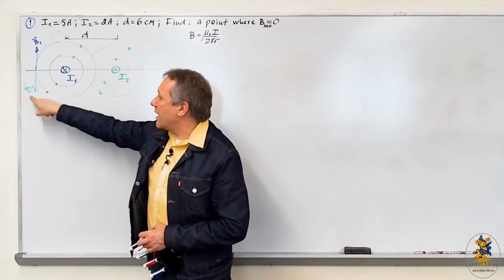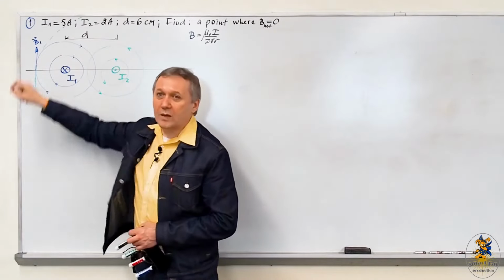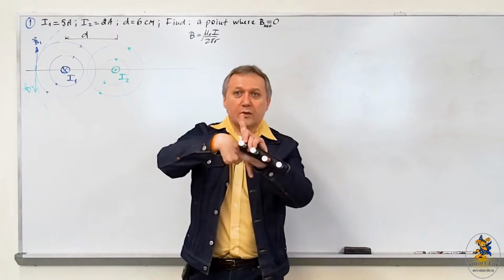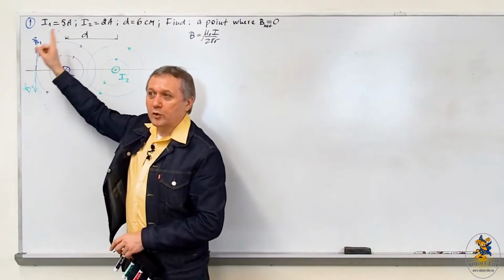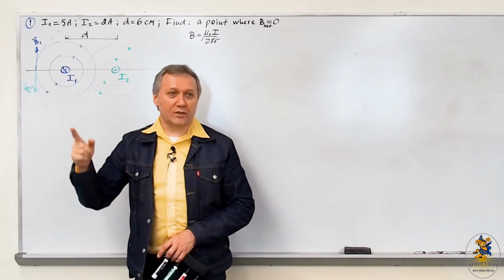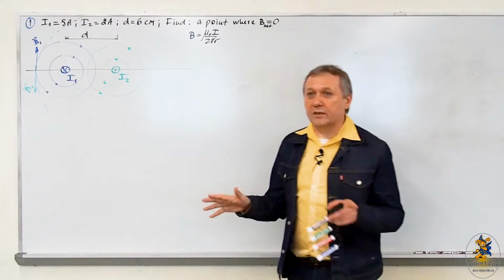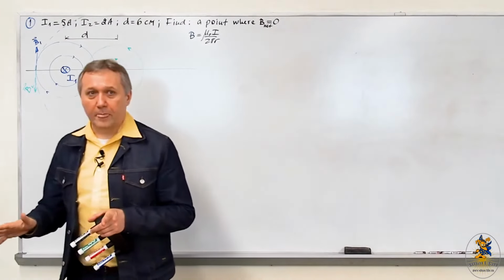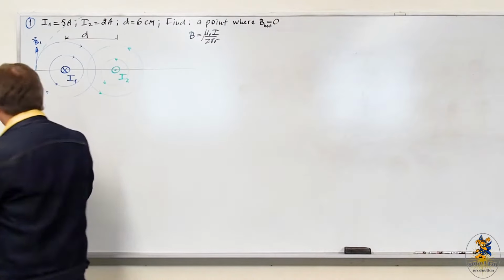So B2 is going to be smaller than B1, although they are in opposite directions. B1 is going to be all the time larger than B2. So cancellation is impossible. Complete cancellation is impossible in that region. You see that?